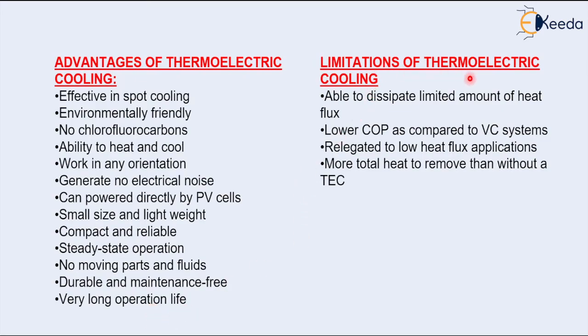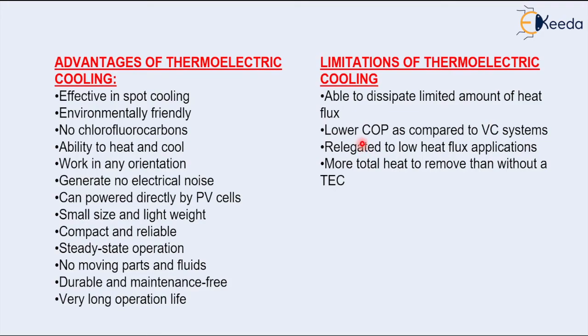And what are the limitations of thermoelectric cooling? The limitation is that it is able to dissipate only a limited amount of heat flux. That means it can handle less heat flux. That way it will absorb less heat from the storage space and reject less heat to the surrounding, while the vapor compression system has more capacity and can work for higher heat flux.